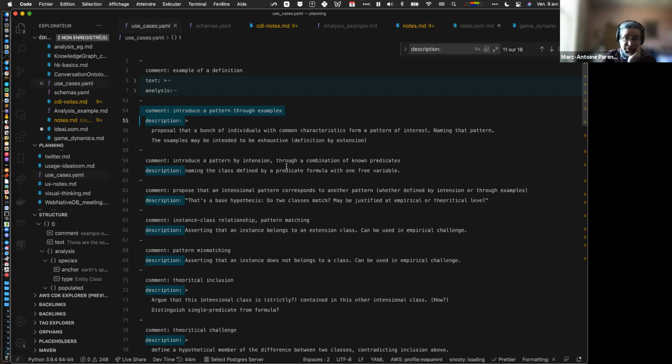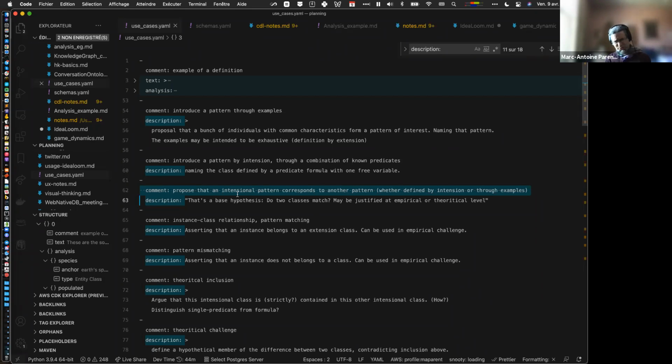The other operation is to say, well, here are the predicates that define this class. And then basically you have a hypothesis saying, I think these bunch of examples correspond to those that are defined by those predicates. Or you can take an intentional definition, one with predicates, and say, well, I think this is equivalent to that.